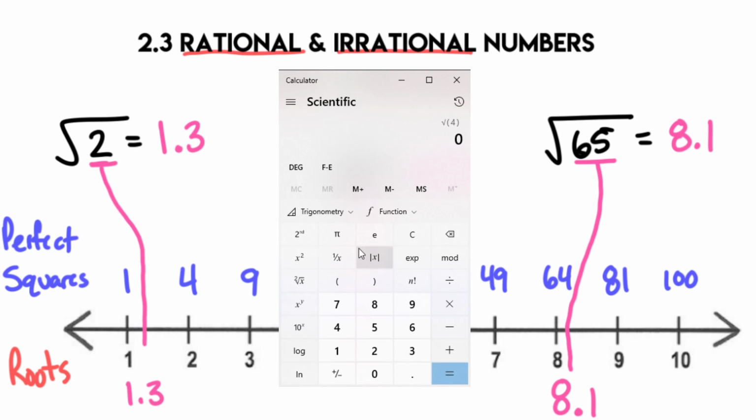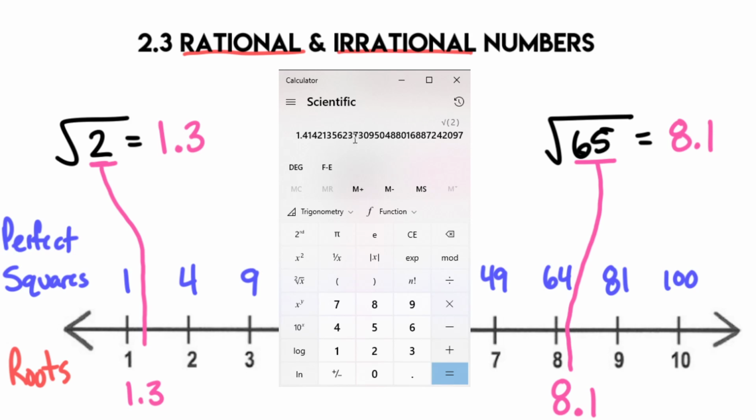However, when I take the square root of 2, I get 1.4142135623750488016887242097. And the crazy thing is, the number doesn't actually end. This is an infinite number. It will go on into infinity.